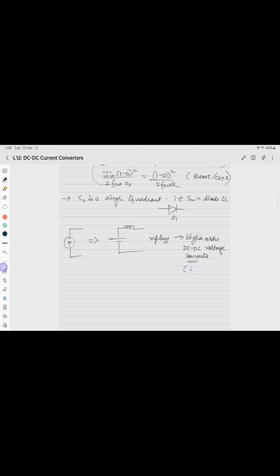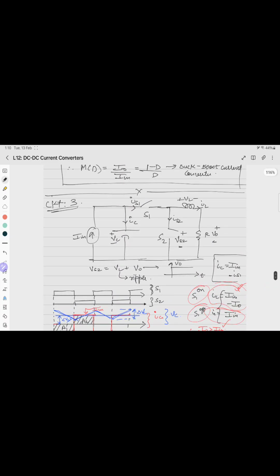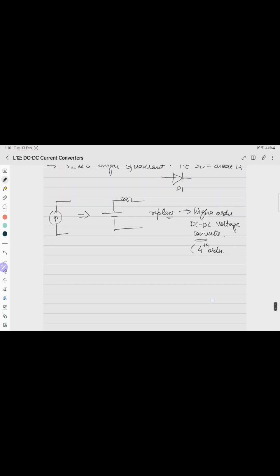Higher order, or fourth order. Why fourth order? Because then in the circuit we'll be having two inductors and two capacitors. Why two capacitors?